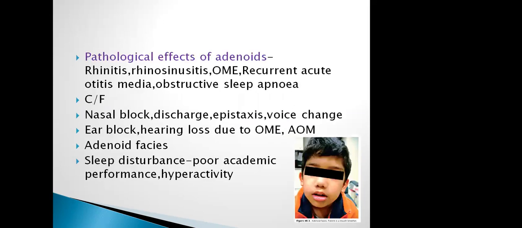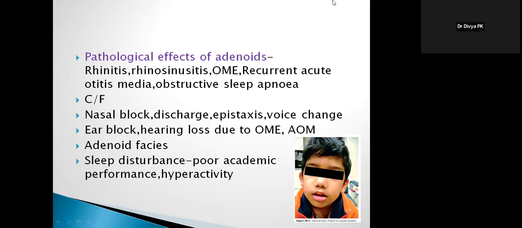The pathological effects of adenoids: the patient will have recurrent rhinitis associated with rhinosinusitis, recurrent otitis media with effusion because of eustachian tube orifice blockage, recurrent otitis media, and if it is severe, obstructive sleep apnea symptoms will be present. The patient will present with nasal block, nasal discharge because of blocked choana, epistaxis, and voice change, where the nasal tone of voice will be lost.